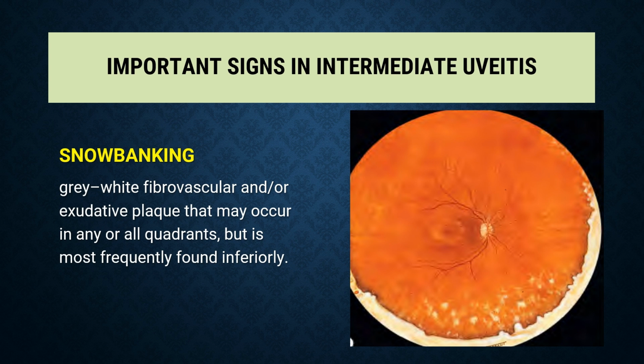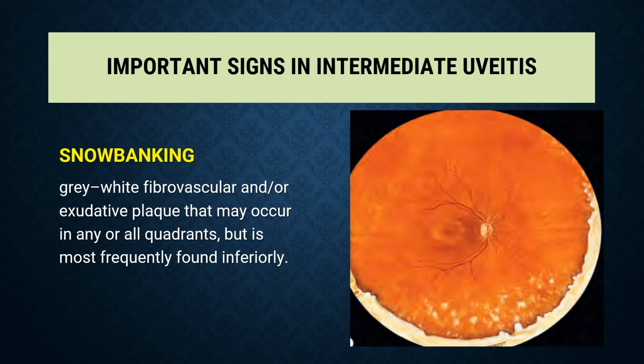Coming to the third important sign in intermediate uveitis, and that is the presence of snow banking. So basically, all of this is exudative material which is coming out because of the inflammation along with fibroglial proliferation.